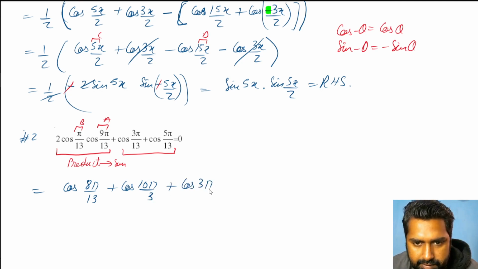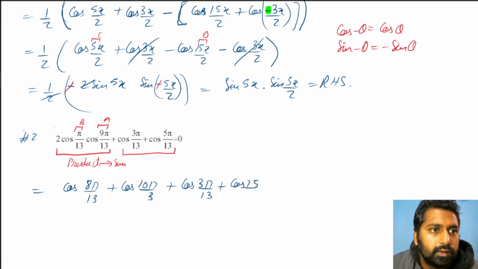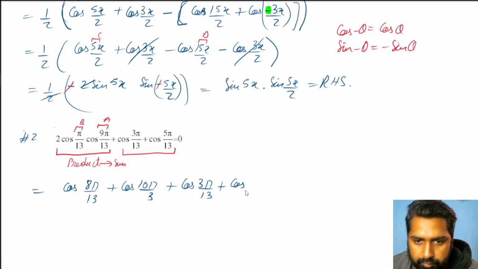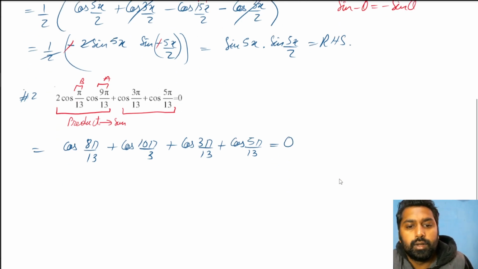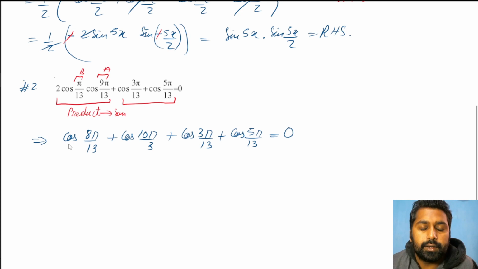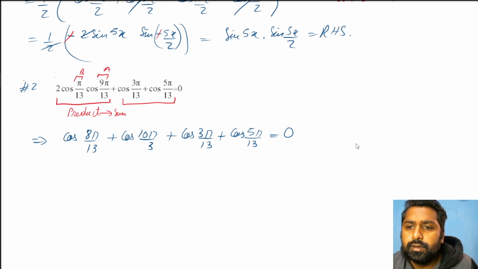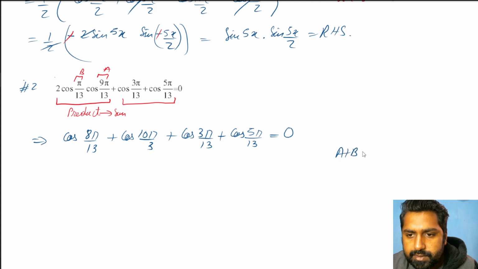Let all the terms be the same, 13 cos 5 pi by 13 equal to 0. Now this is where an identity that I told you about, an important result for supplementary angles, comes in. When we were talking about angles, I told you that if A plus B is 180 degrees or pi, cos A plus cos B is 0.